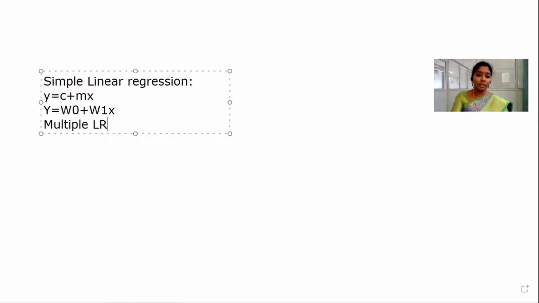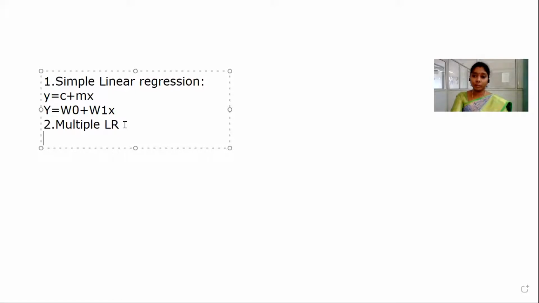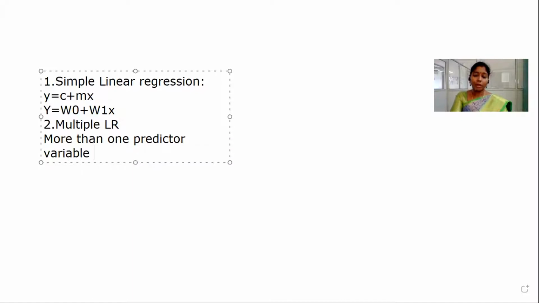In simple linear regression, there exists only one predictor variable for a response variable. In multiple linear regression, it includes more than one predictor variable. So for a given y, we are having more than one x.